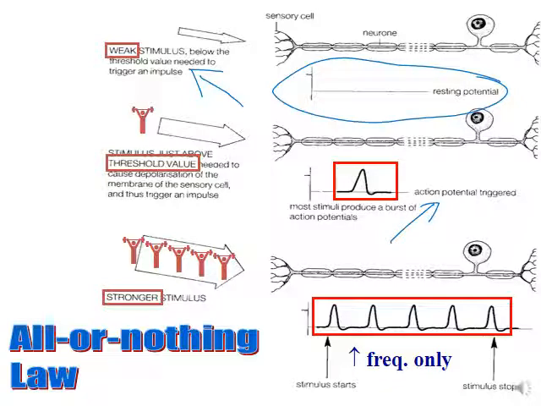Why? Because it doesn't cause the appearance of the action potential. So pay attention to this and be careful that the weak stimulus that doesn't cause the appearance of an action potential is called the ineffective stimulation.